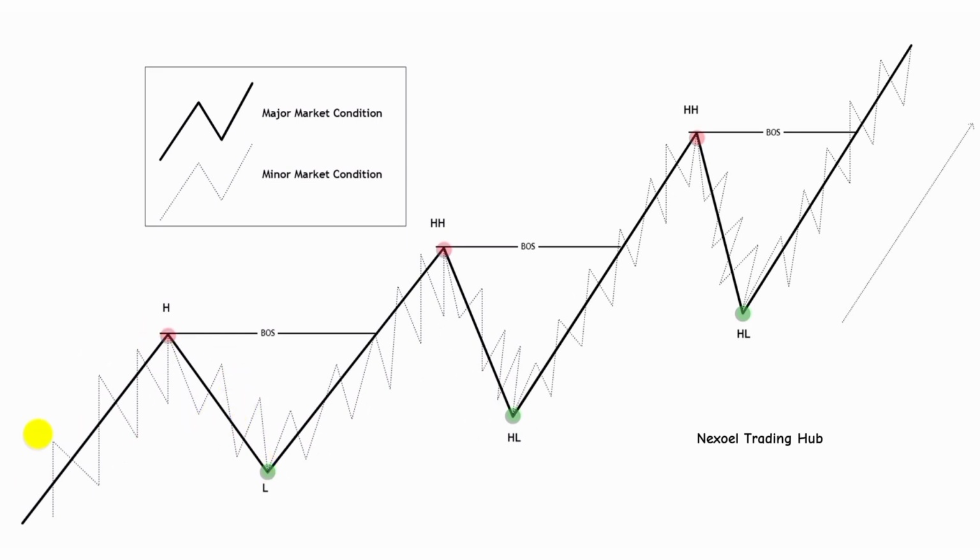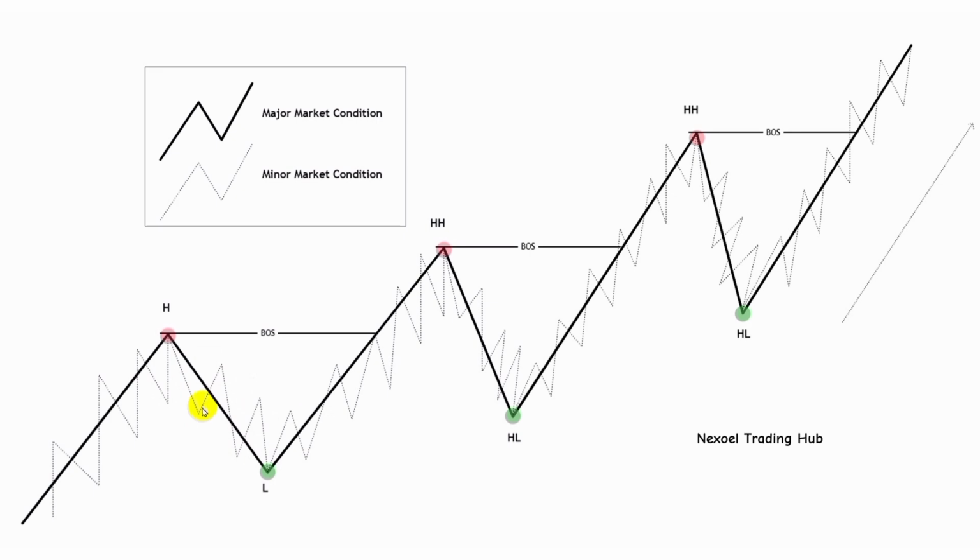Now in the impulsive leg move, you definitely know that the impulsive leg move is a bullish move. So in the impulsive leg move, we have a lower time frame market structure which is also bullish. Now the corrective leg move is a bearish market condition, so in the lower time frame you're going to see a bearish market condition.